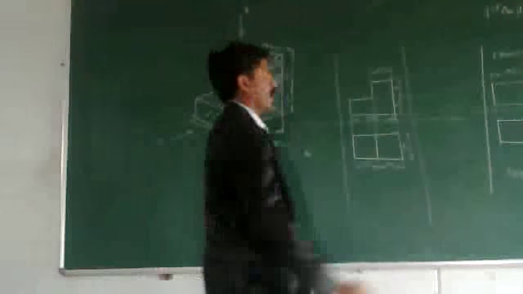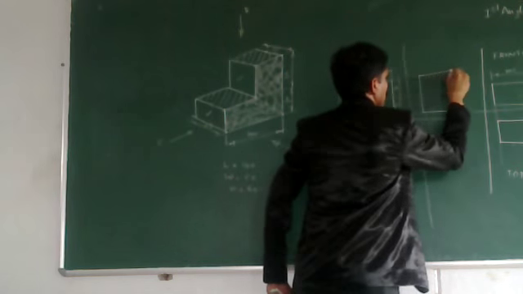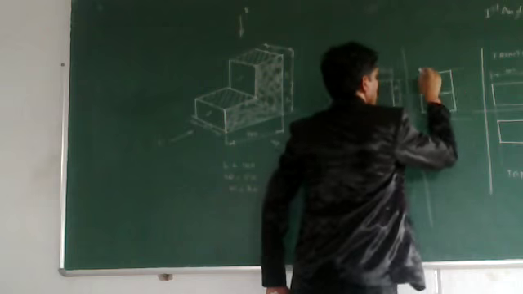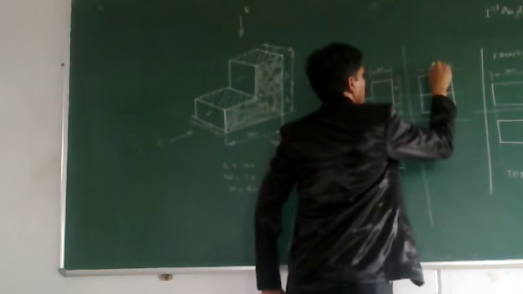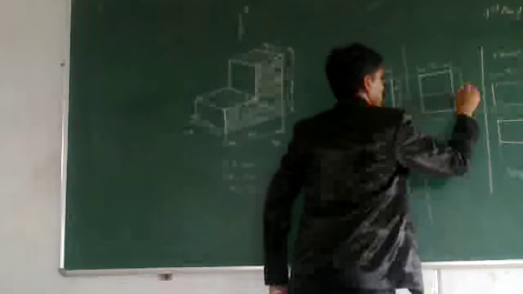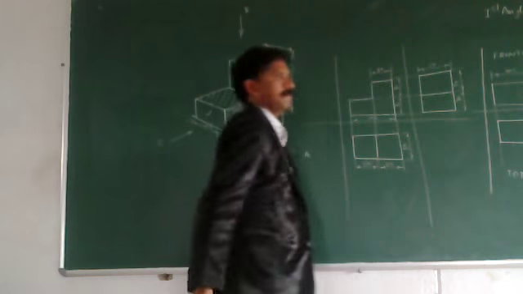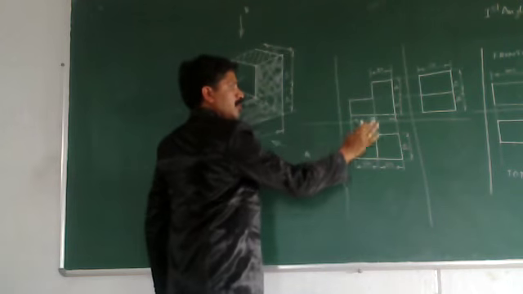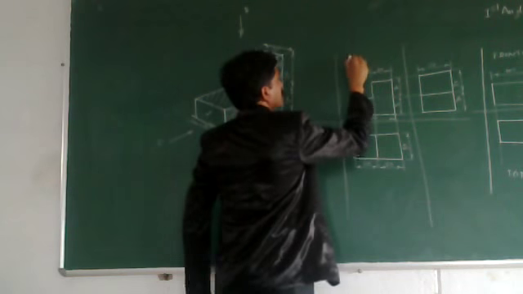Total height is 60. See this dimension. This is 50 and these dimensions are 30 and 30. Individually, this 30 and this is also 30. So this is the front view, top view, and this is the side.